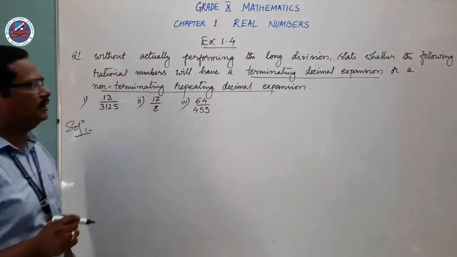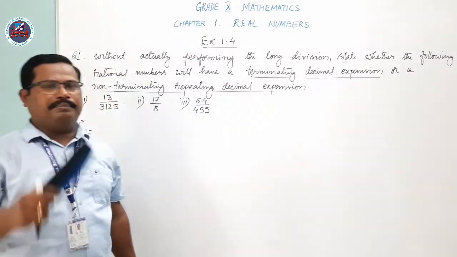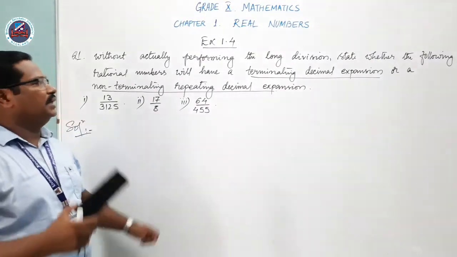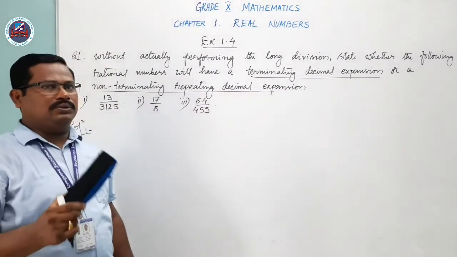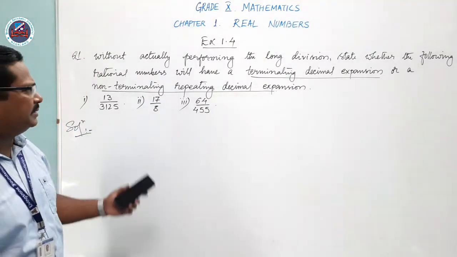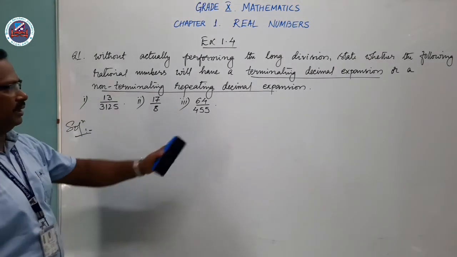As discussed earlier, if terminating, then you can write it in the form 2 to the power n, 5 to the power m. If it is non-terminating and repeating, then we cannot write it in that form. Let us see a few questions I picked up from your book, 1, 2 and 3.